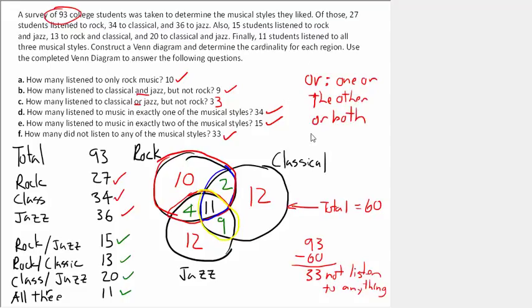That's our definition of or, which means I'm looking for those that listen to classical or jazz. It's these 12 plus these 12 plus also the 9 that listen to both of them. And if you add those 3 up, 12 and 12 is 24, plus 9 is 33. There we go. There's our answer, folks.